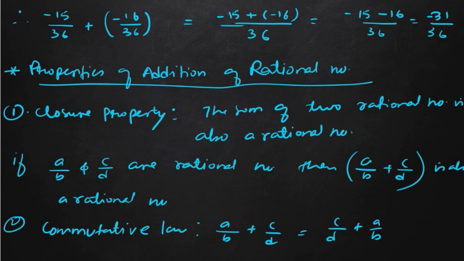Okay. So our third property is our associative law. Associative law. Okay, so for that we need to take three rational numbers.